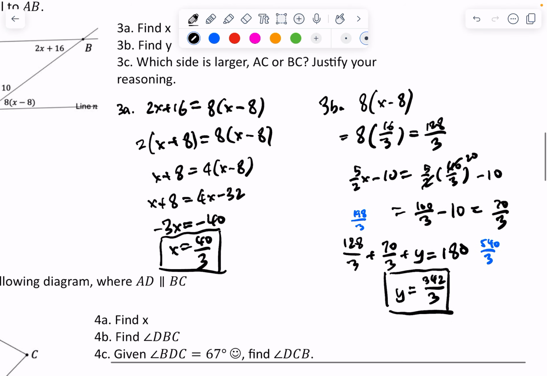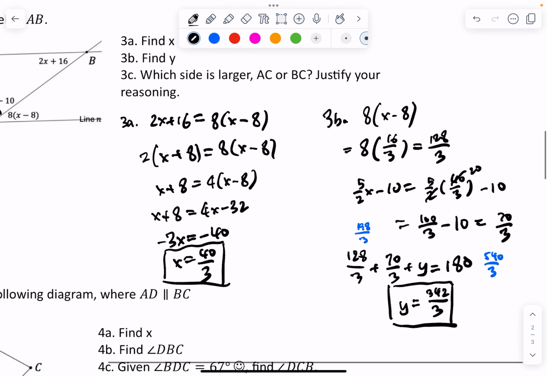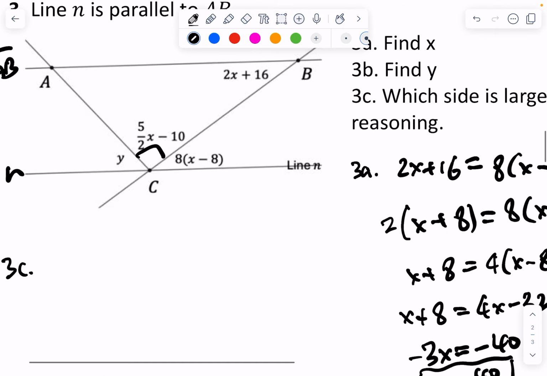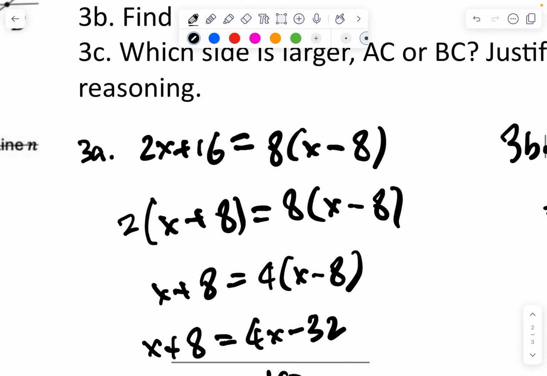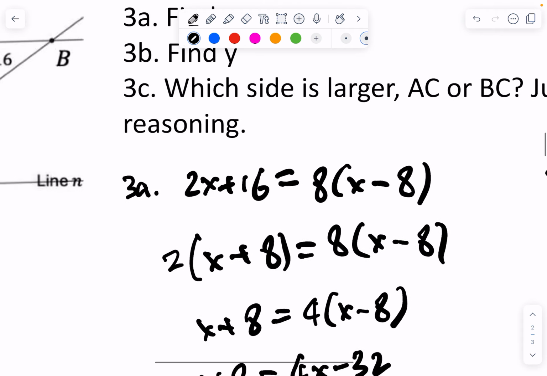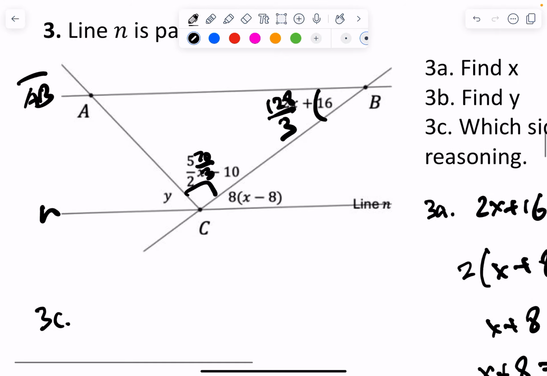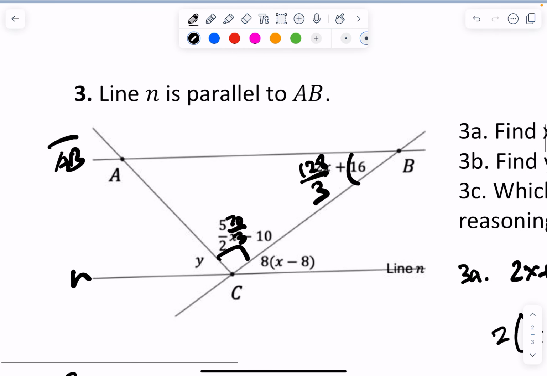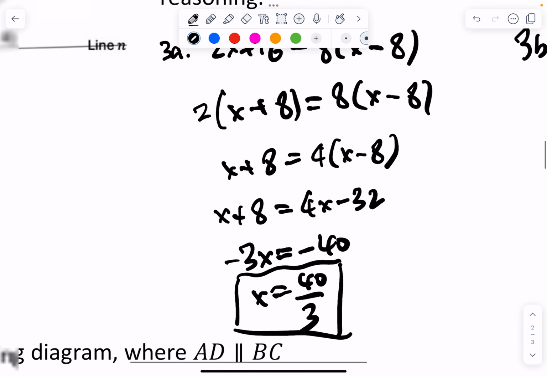Wait. Yeah, this angle is equal to... Oh, you know that this angle is equal to 70 over 3. And then you also know that the other angle is equal to 128 over 3. And then finally, you would know that this angle is equal to y, which is 342 over 3.